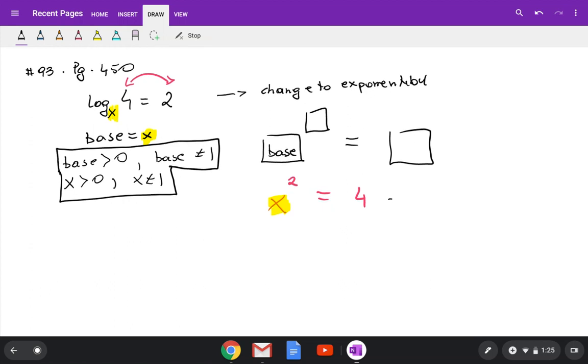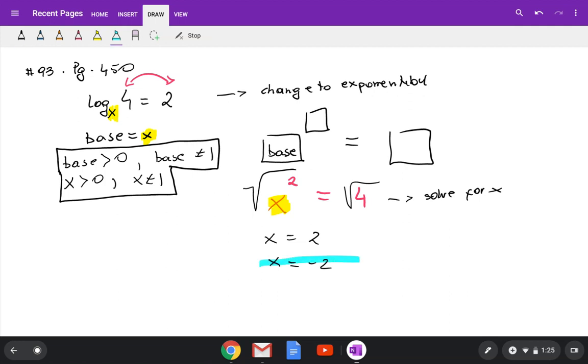So now solve for x. How are we going to solve it? We're just going to take the square root of both sides. So we're getting x equals 2 and x equals -2. Since x represents the base, this -2 doesn't make sense.